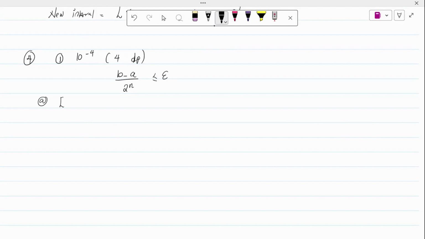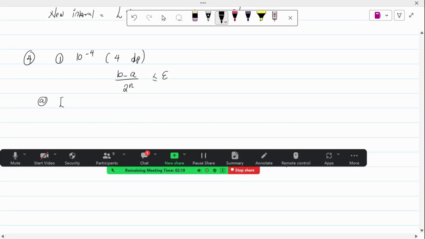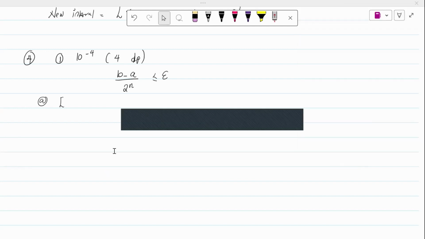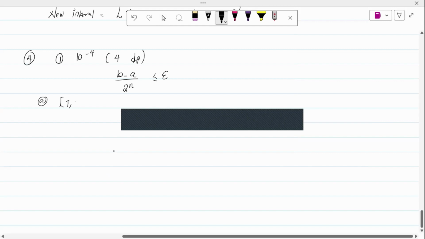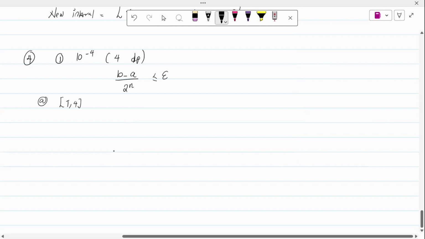So the interval is 1 to 4. So b is equal to 4, a is equal to 1, right? So this will be 4 minus 1 over 2 to the power n less than or equal to 10 to the power negative 4.